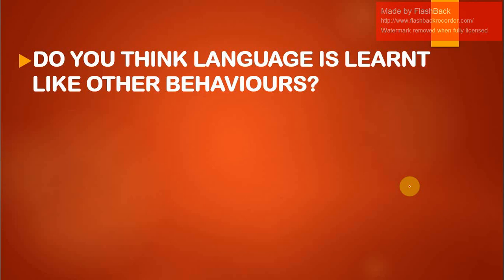So why is language not like other behaviors we do? Like driving is a form of action. Okay, it's a form of behavior and we are taught. So why don't we say that language is also part of behavior and it's learnt like all other things we learn in life? So this is the question.